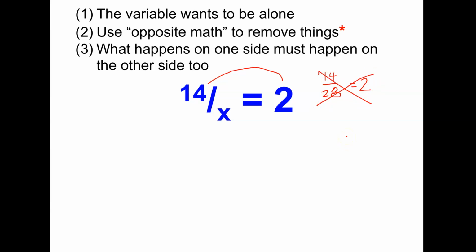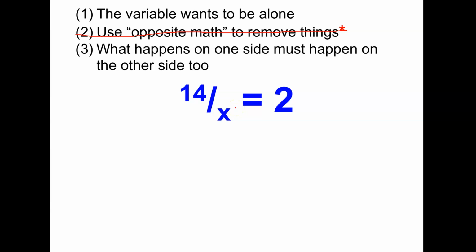So if we can't use multiplication to undo division in this case, what do we need to do? This is the one situation where we don't use opposite math. If the variable is on the bottom, number 2 doesn't apply.